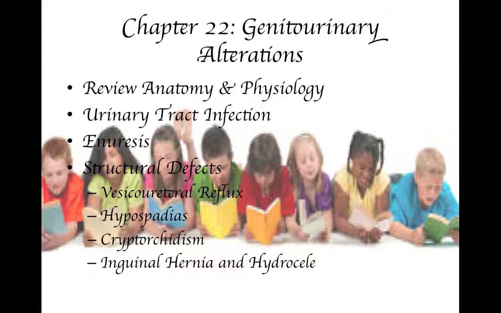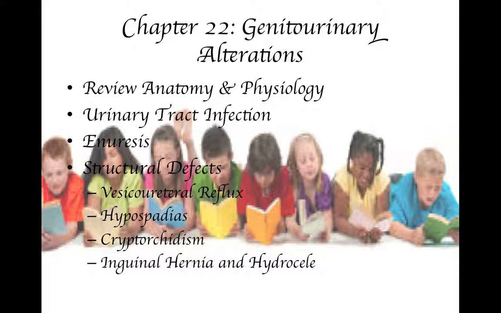When we look at diagnosis, a UA and urine culture with sensitivity will be performed to diagnose the UTI. An adequate specimen for a child is usually 5 to 10 cc's of urine, or 5 to 10 mLs of urine.